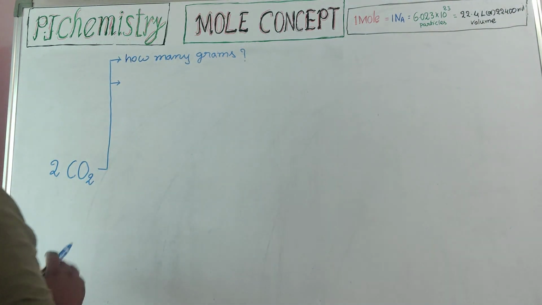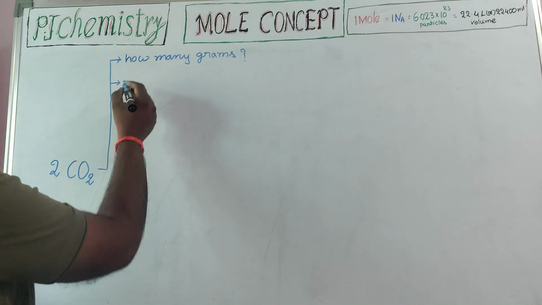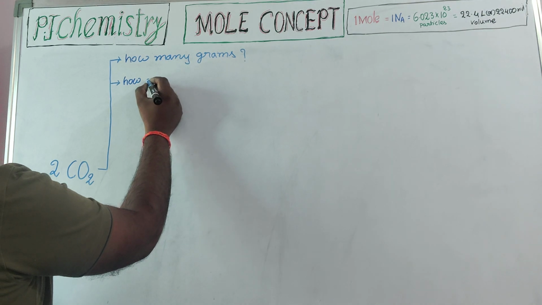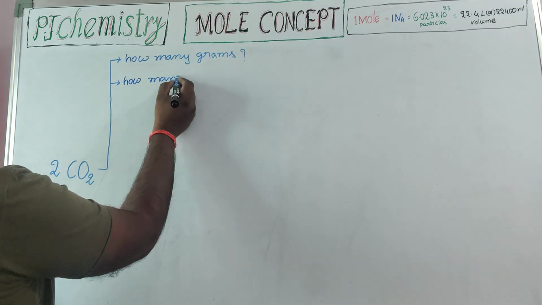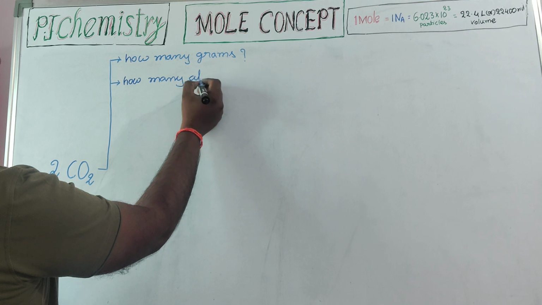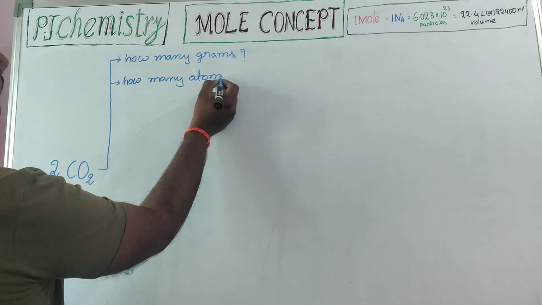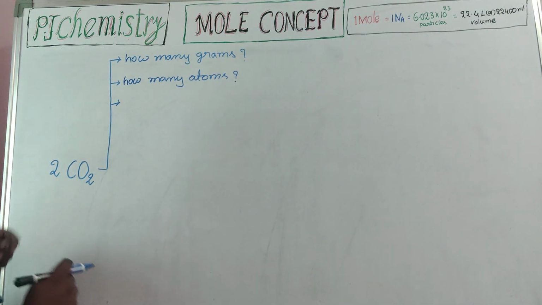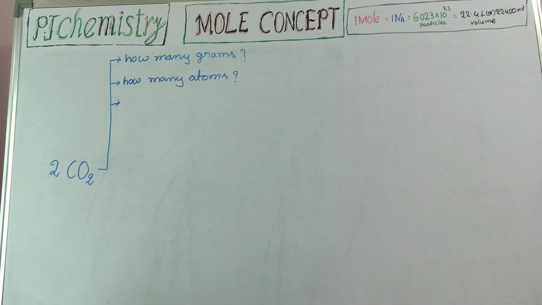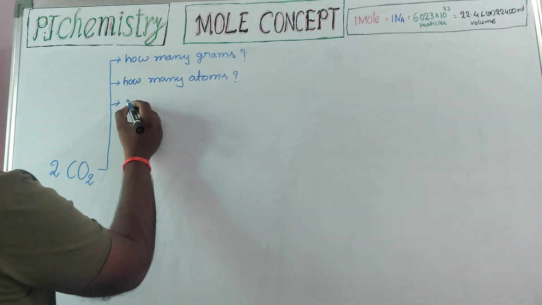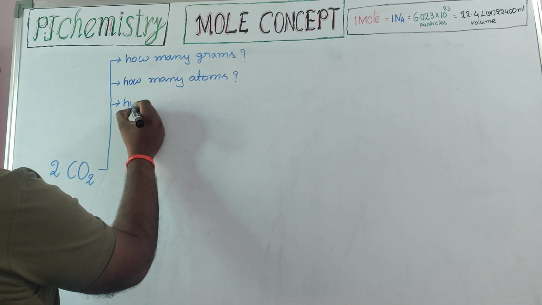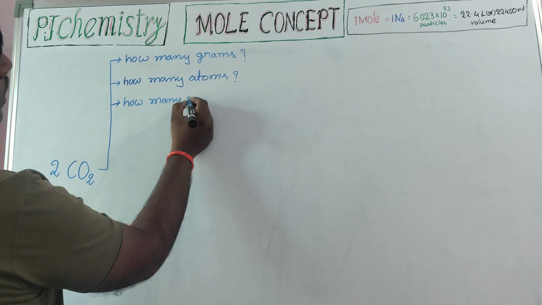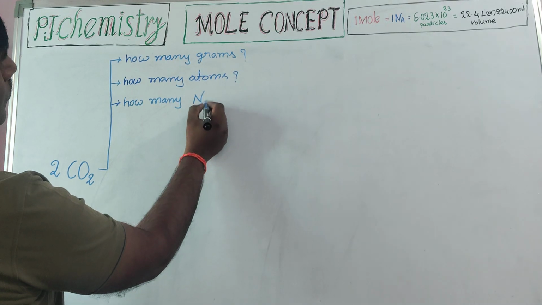Next, 2 moles of carbon dioxide contains how many atoms? Next, how many Avogadro numbers?